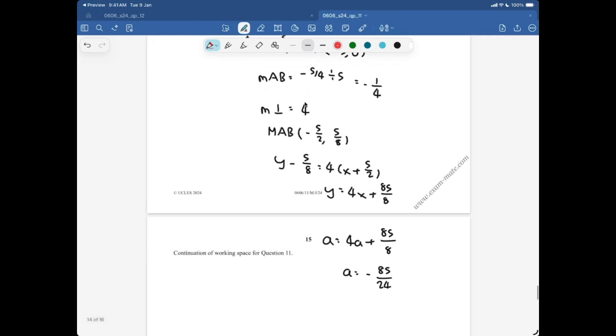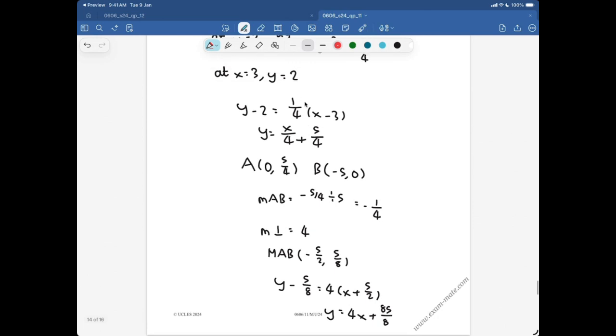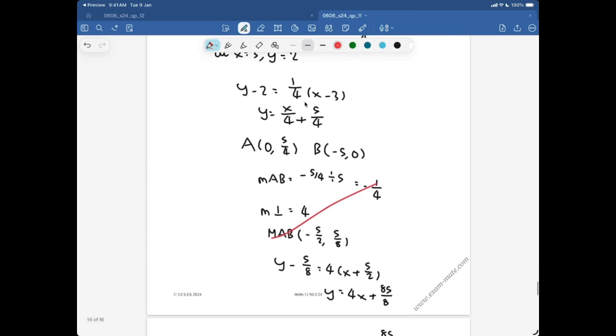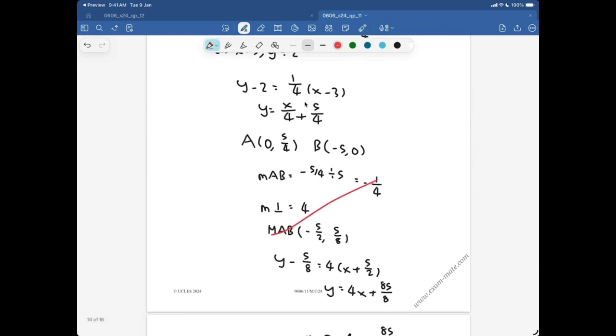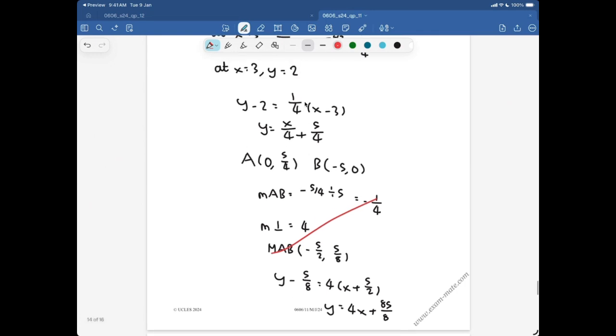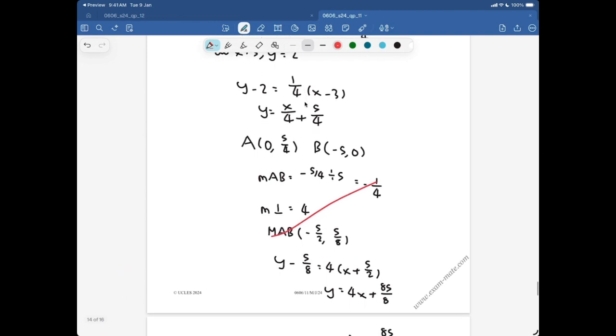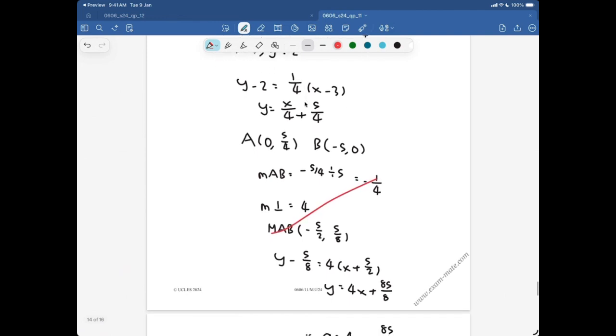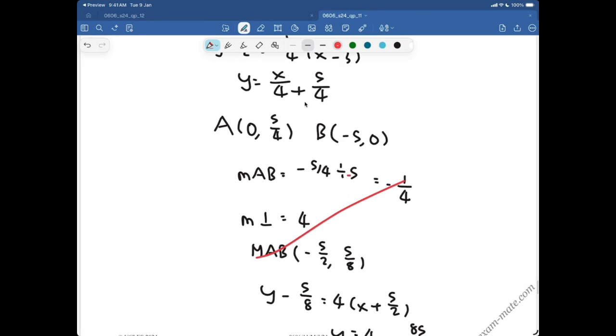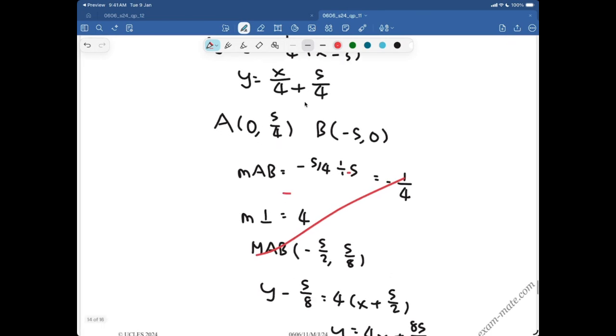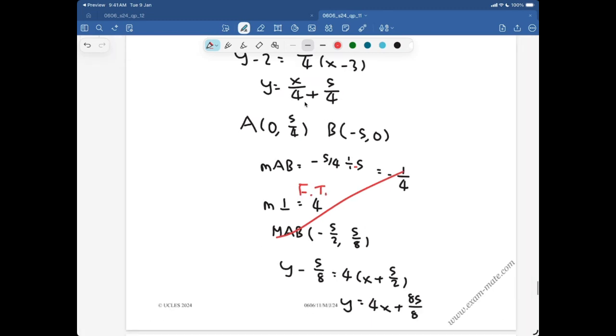Yep, I knew this is something weird. Oh, this is correct. The midpoint is correct. The gradient is not correct, but I wonder why. Oh, because here, okay. So I follow through, luckily.